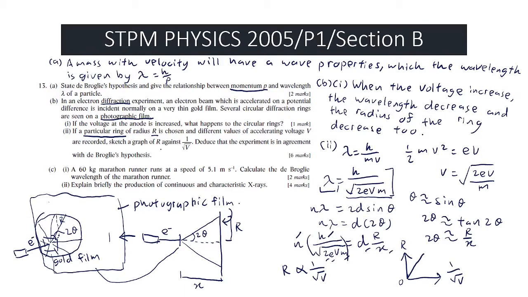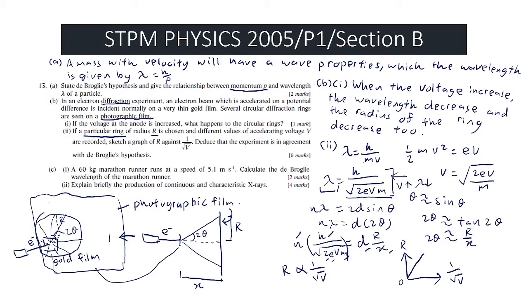So this is our answer for part B2, and I want to mention more than that. When we were at part B1, we stated that when the voltage increases, the wavelength decreases, and this can be explained by this equation here. You can see clearly when this voltage increases, this lambda will decrease.